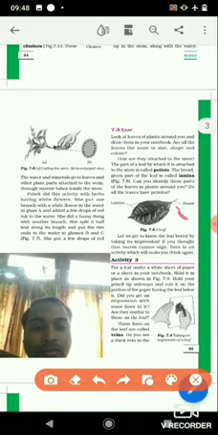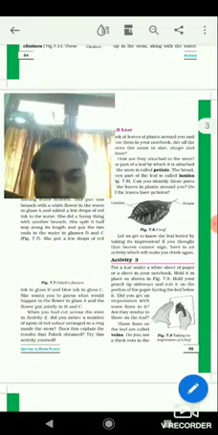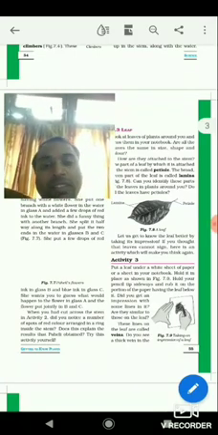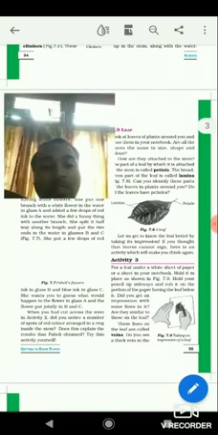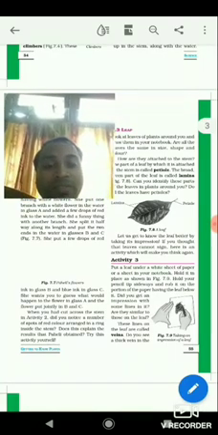Now let's discuss this activity 3, to know how veins are arranged within the leaves, and the impression that appears here will confirm the presence of veins.